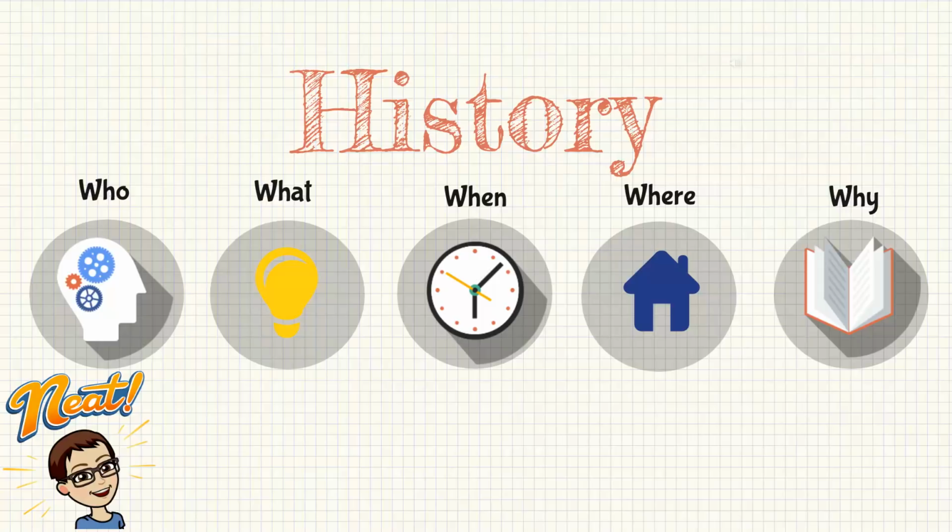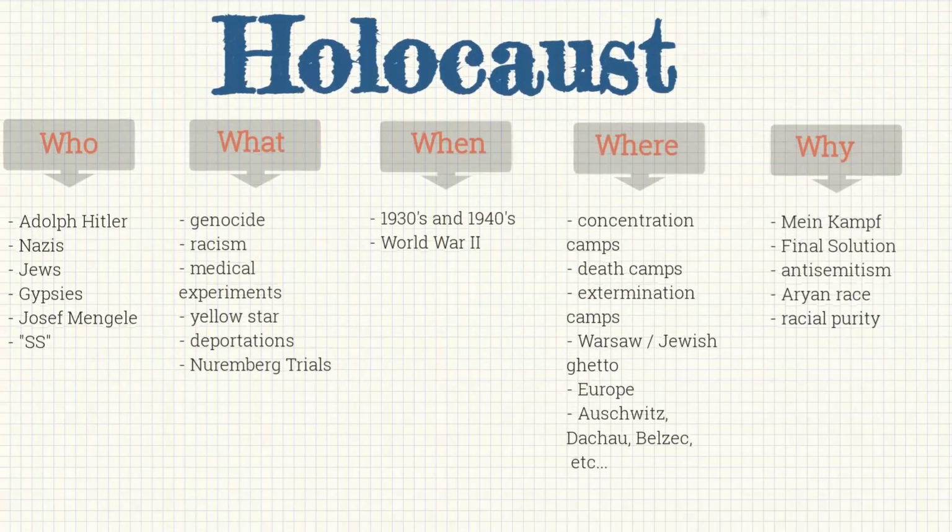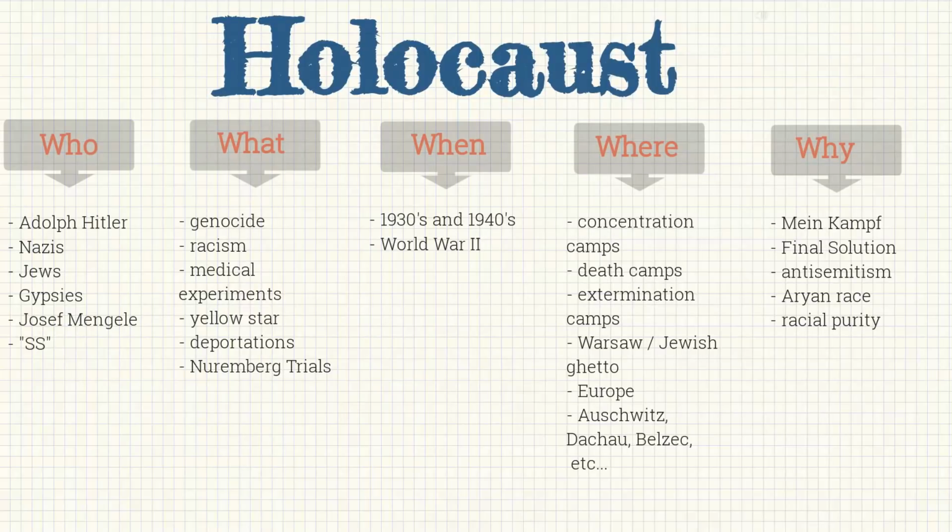Let's look at this further. Here, we've taken keywords related to the broad topic, the Holocaust, and actually divided it up into those 5 words. We can use these different words not only as keywords, but also as a way to actually narrow down your topic further if you have found that you've chosen a topic that's way too broad.